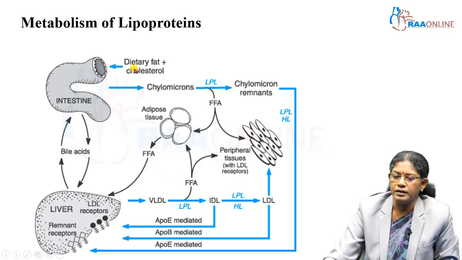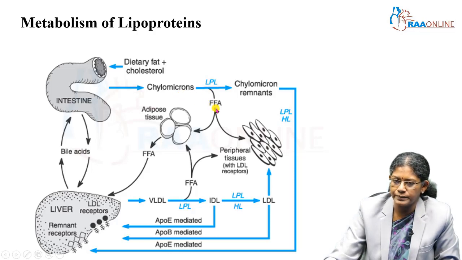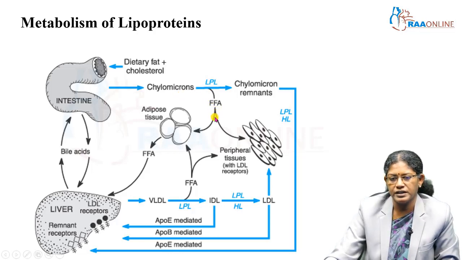As we have seen, when we take dietary fat as well as cholesterol, chylomicrons are formed in the intestine from our dietary origin. With the help of the enzyme LPL, lipoprotein lipase, these chylomicrons are converted into free fatty acids, and these free fatty acids go to the adipose tissue as well as to the muscles. When free fatty acid goes to the muscles, it is converted to energy.